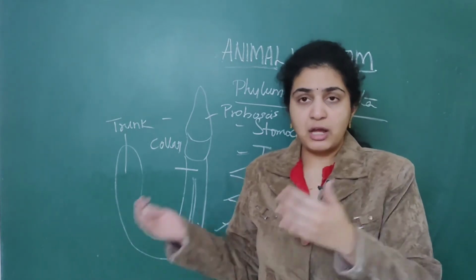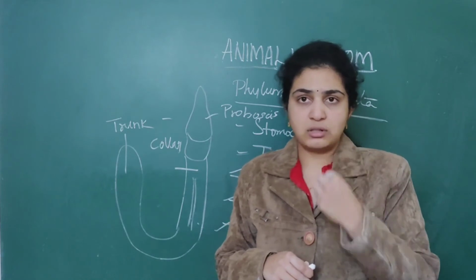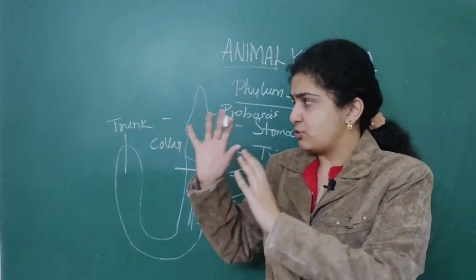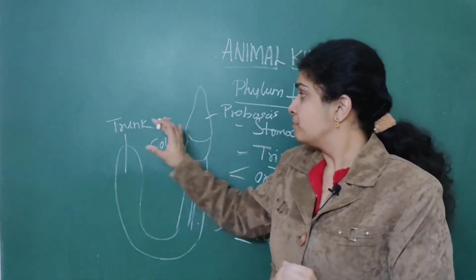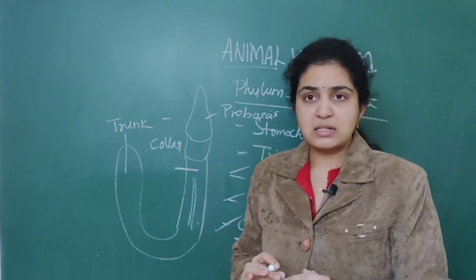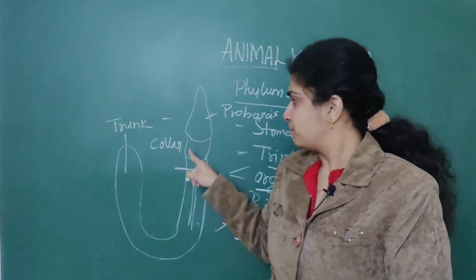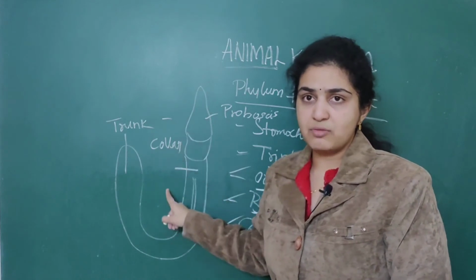Just now we have done mollusks, where it is also divided into three parts: head, muscular foot and hump. Like that, here for hemichordates also three parts: anterior proboscis, then collar as well as trunk.